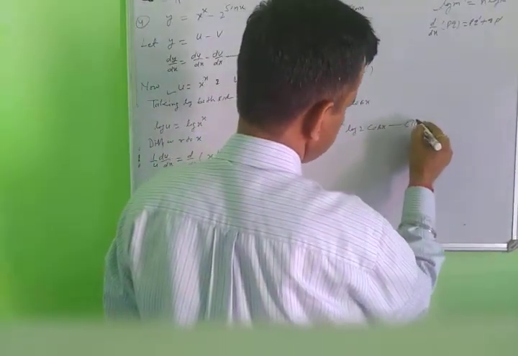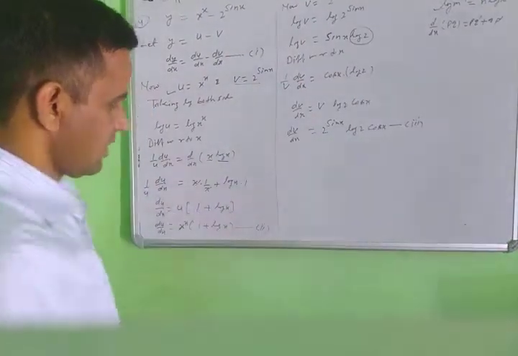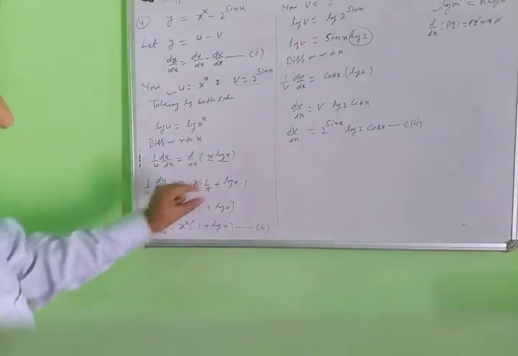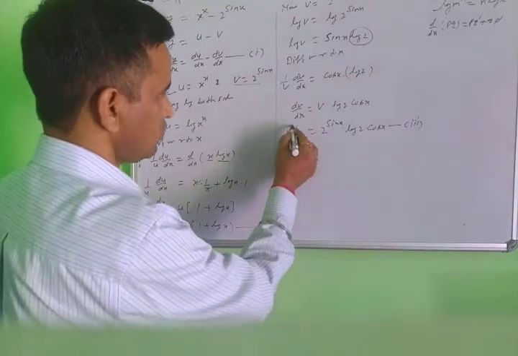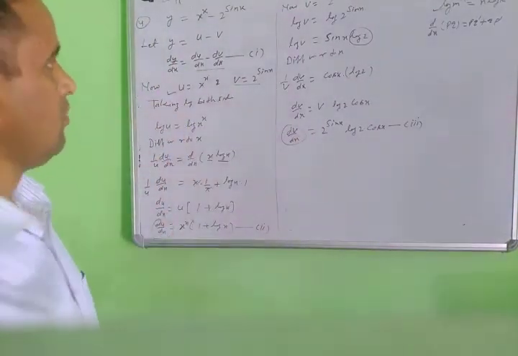This is your third equation, along with the first equation and second equation. So now these two values, du over dx and dv over dx, I will put in equation first.